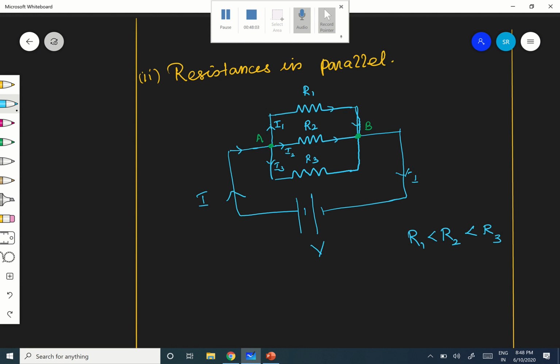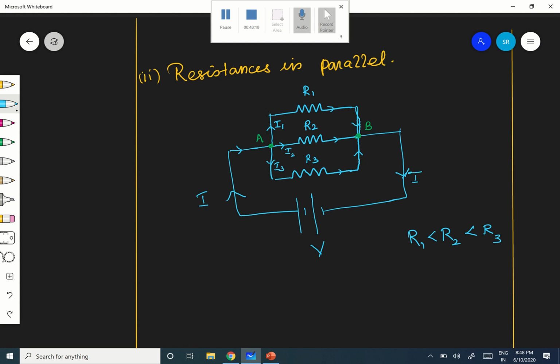All the currents go through the resistors, and when they come to B, all join, and the current coming out of B is once again I. Are you following?